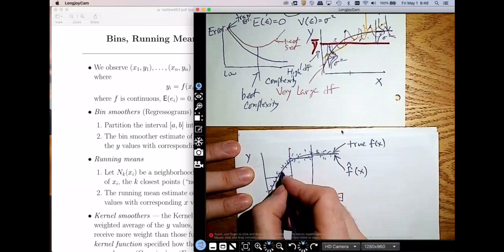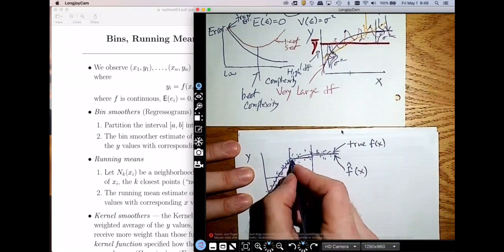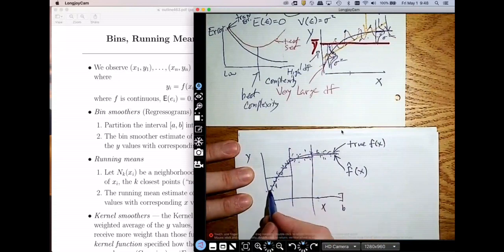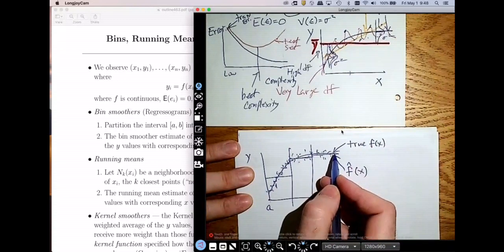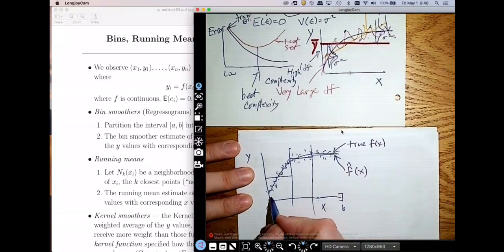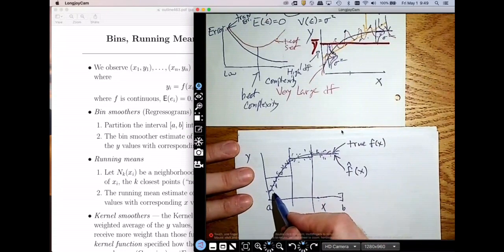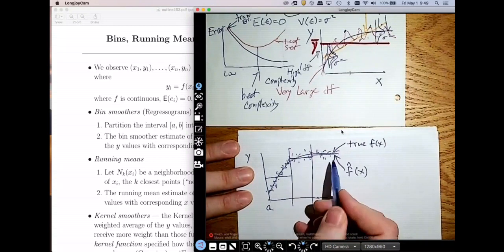It's called a step function. But with 1,000 bins, my step function would start to hug the true f. And if I went to 2,000 bins, it would get even closer. All right, if I had 3,000 bins, it would get even closer still. So if I had a ton of data and I gave myself a lot of bins, what I would hope you'd see is that this step function would converge to this true f.